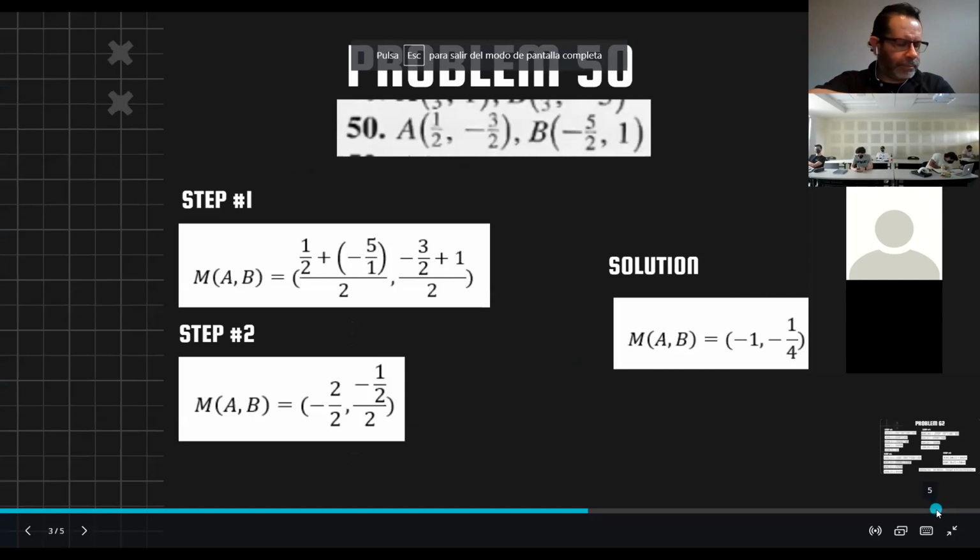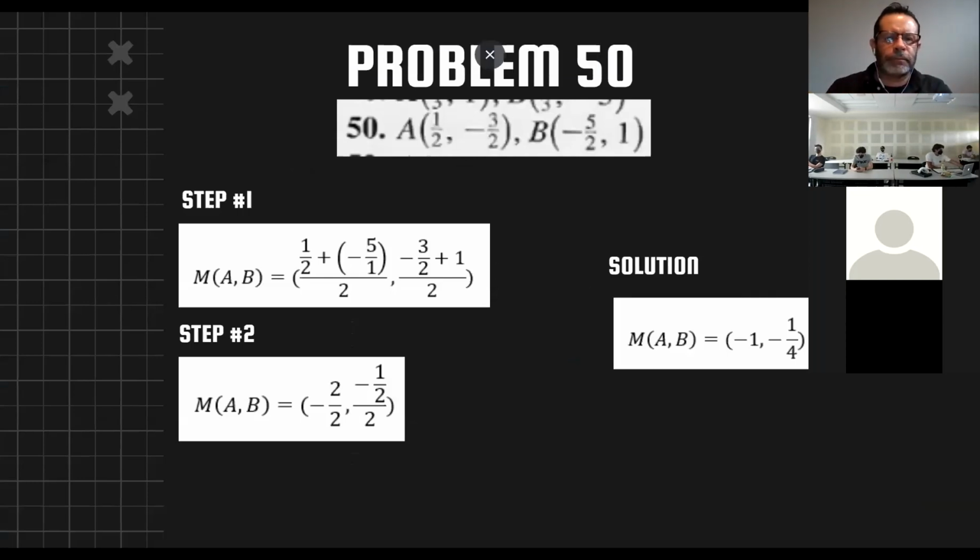Okay, so problem 50. We have 2 points. Point A, which is 1 divided by 2, comma, -3 divided by 2. And we have point B, which is -5 divided by 2, comma, 1. Our first step is to use the formula to find the midpoint, as always. So we're going to have a half plus -5 divided by 1.